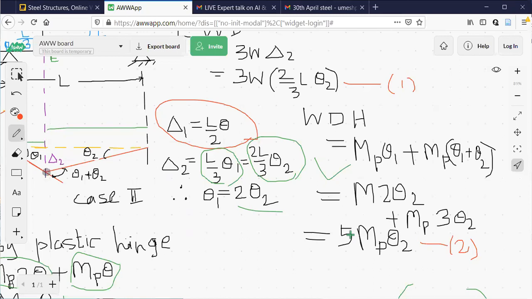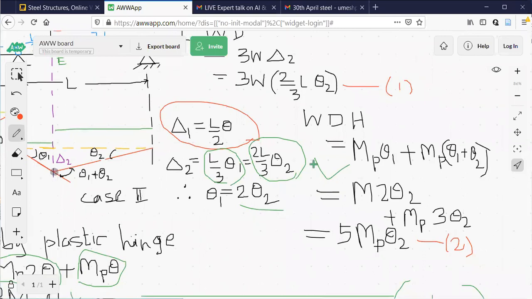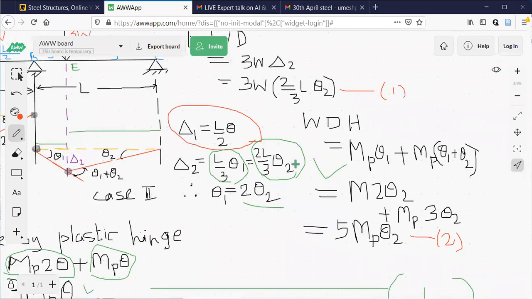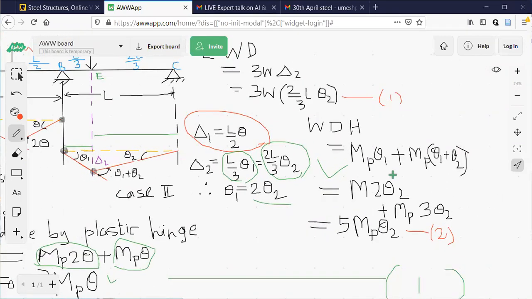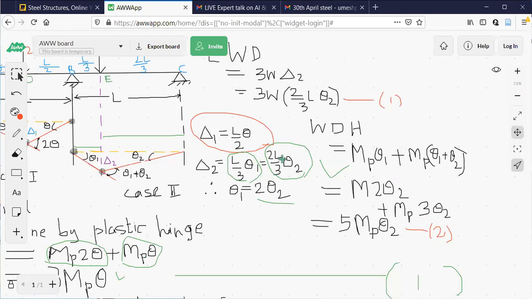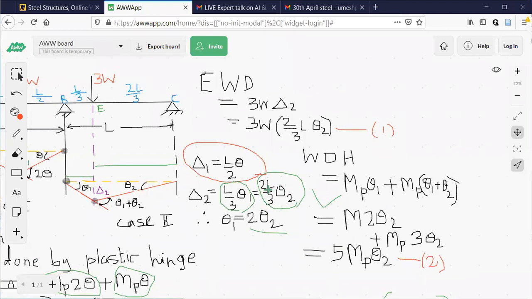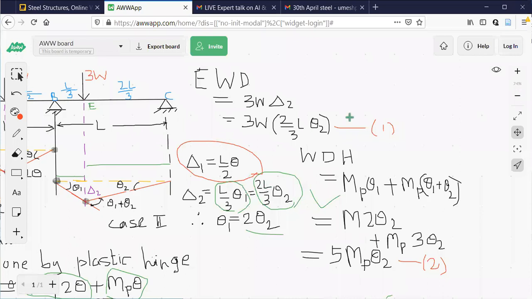Entire solution is there on the screen. You just take another 2-3 minutes, but tell me here. For span BC, complete solution you can see on the screen. After equating, how much is WC here?